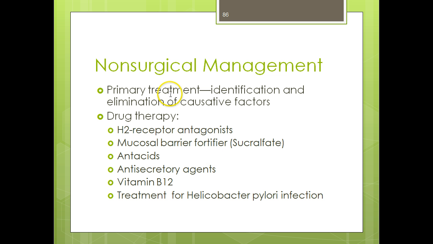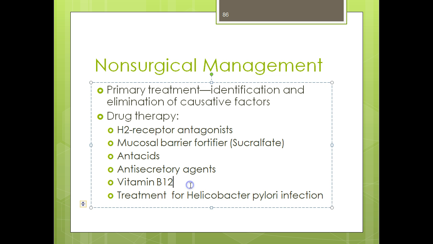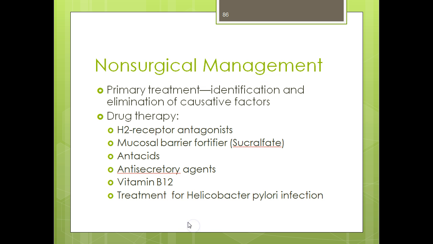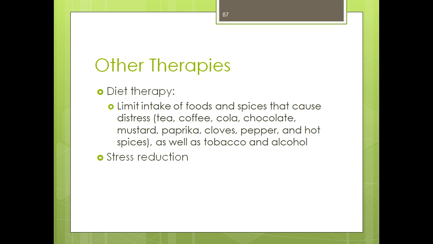They have antisecretory agents which inhibit you from producing more acid in your stomach. Vitamin B12, and then whatever you need to do too, like maybe treat the H. pylori infection.